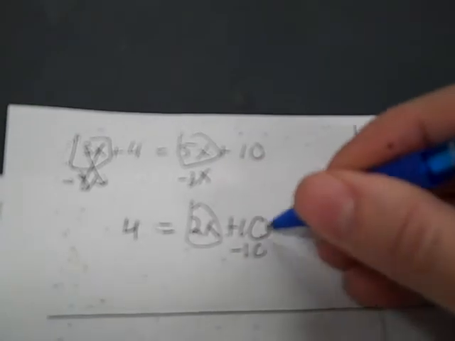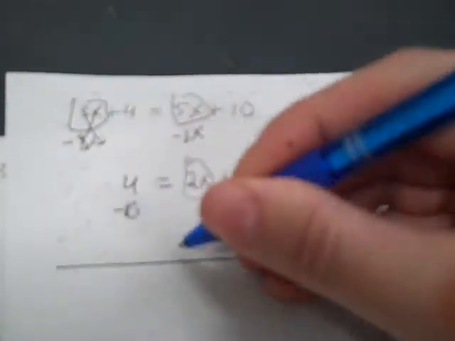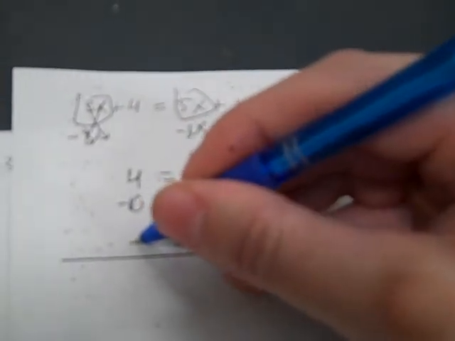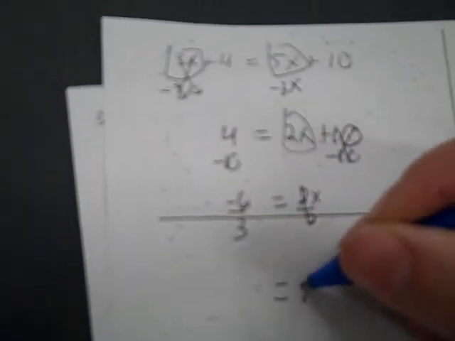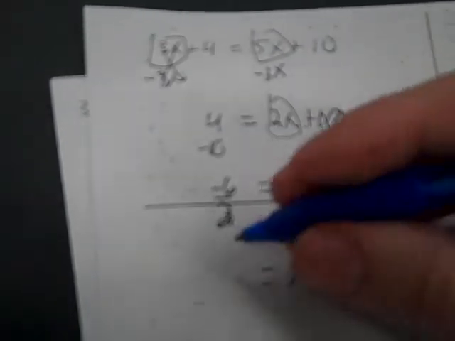So I would minus 10, drop my equals, and that's going to be negative 6. And then I get 2 times x. And then I divide. Pretty easy. By 2. Negative 6 divided by 2 is negative 3. So there's my solution. x equals negative 3. That's pretty much a walk in the park.